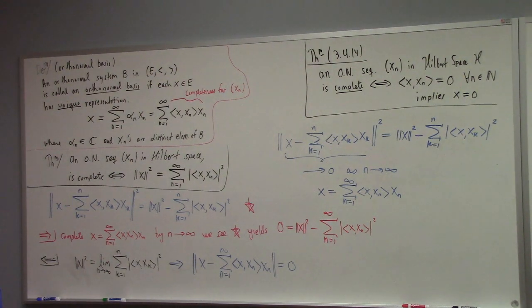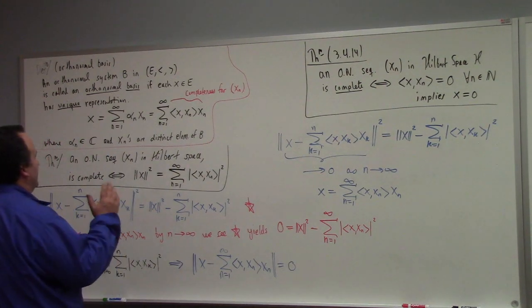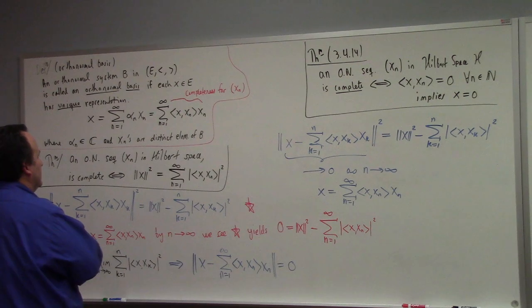Right. So it's complete if and only if the norm squared is given by the sum of the moduli of the coefficients squared, right?